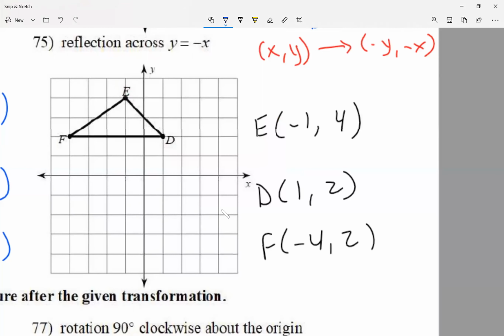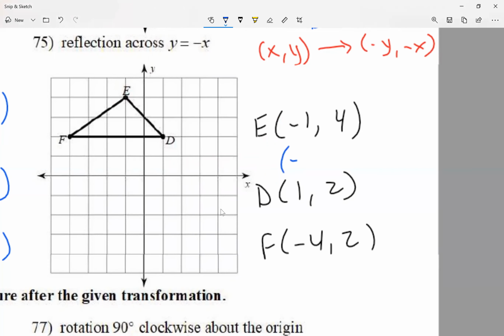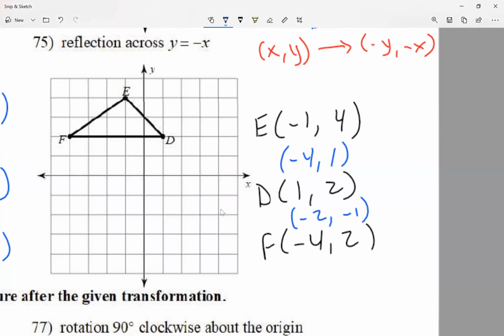According to our notes, my values are going to become -4, +1, -2, -1, and then -2, +4. That's one way of doing it.